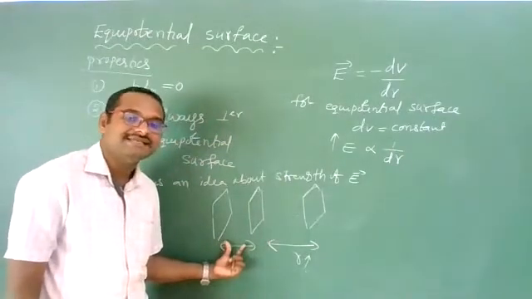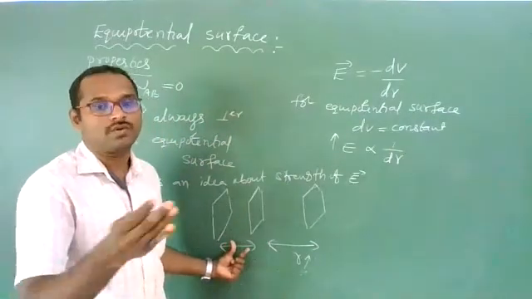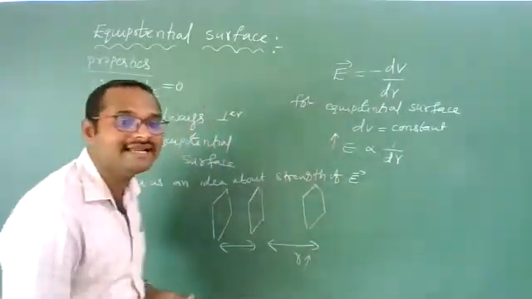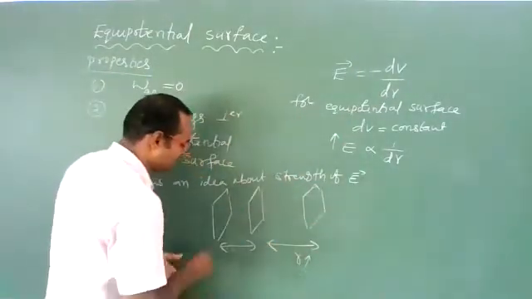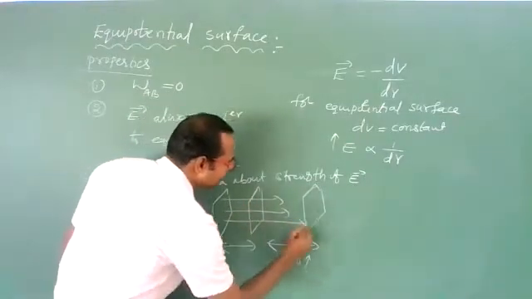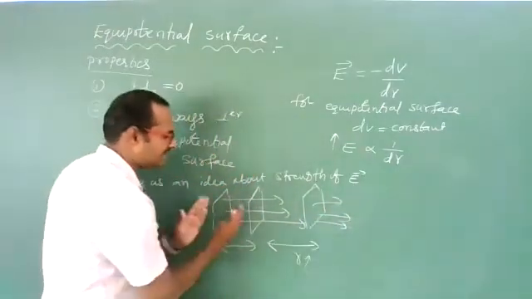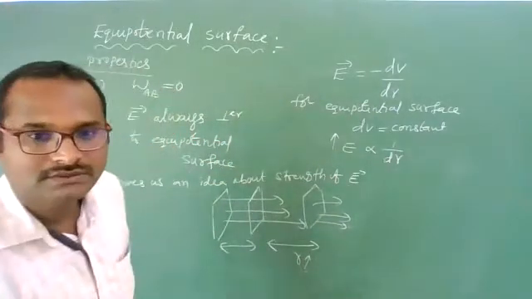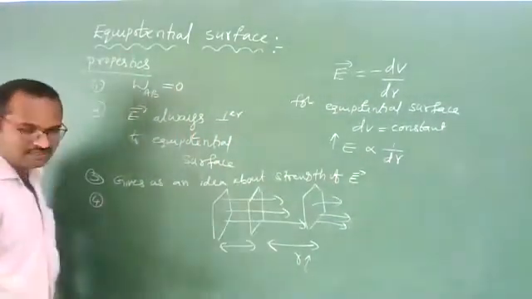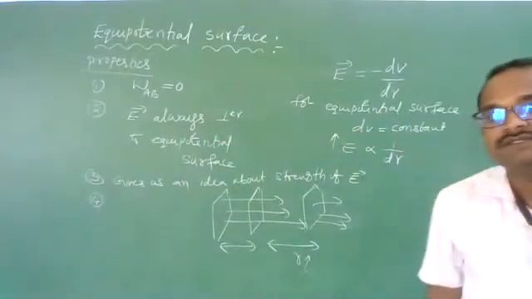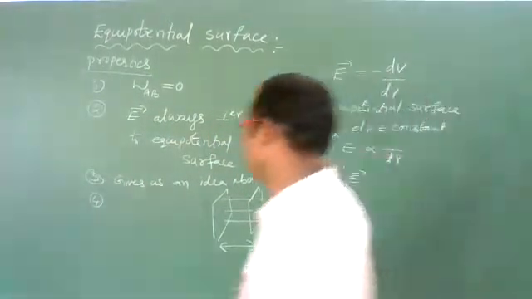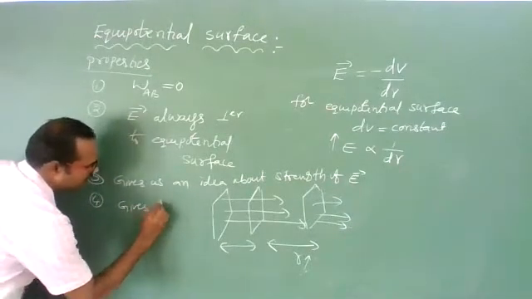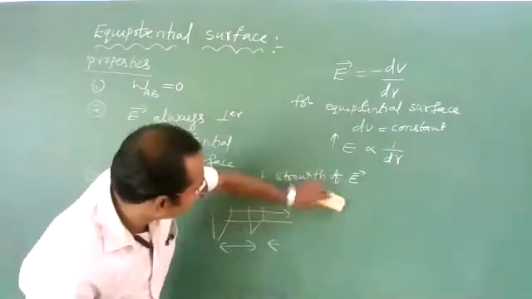Here the r value is less, so the electric field strength will be more. In which direction is the electric field pointing? In the direction of decrease of potential. So the electric field will be directed in this direction. Are you getting it? Yes. Equipotential surfaces give us the direction of electric field.